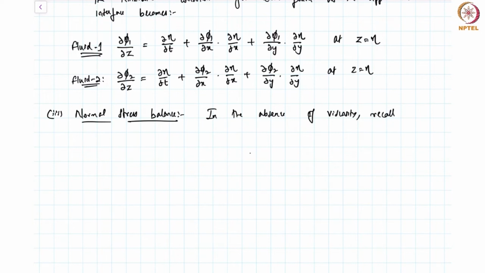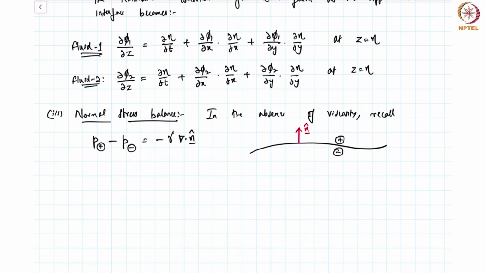Recall that if I have an interface with minus and plus sides, we wrote down the normal stress balance. It simply reduces to P plus, the fluid above, minus P minus, minus gamma times del dot n, where n is the normal vector, pointing from minus to plus.